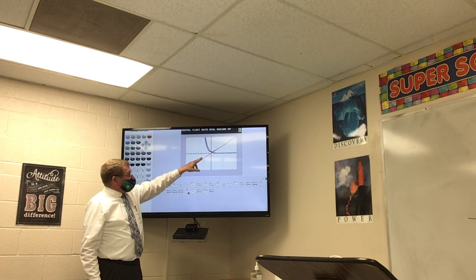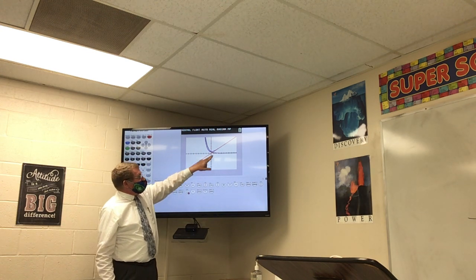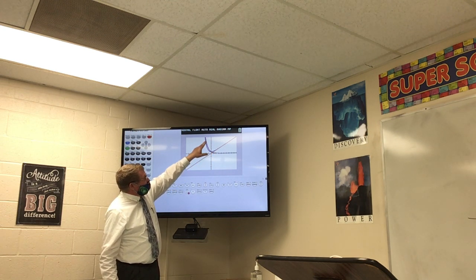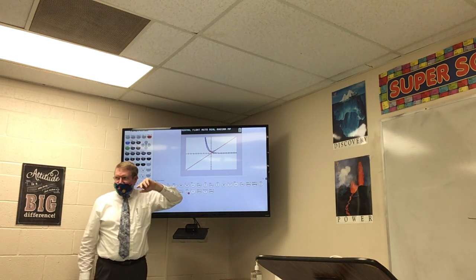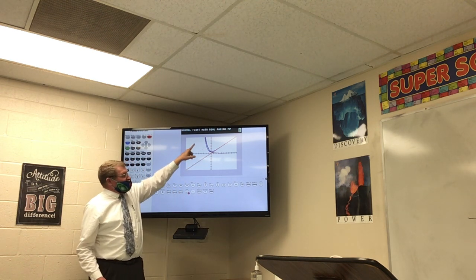If I take the left hand side, you notice my black line is e to the negative x, and as I go to the left, I get a left end behavior, because now the black line is merging into the blue.